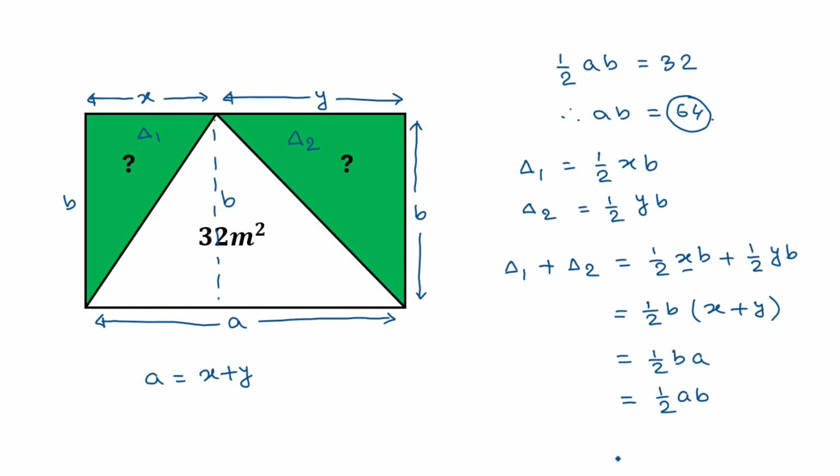So substituting here, we get half times 64, and 64 divided by 2 is 32. So the total green area, delta 1 plus delta 2, is 32 square meters. And this is the solution of our given problem.